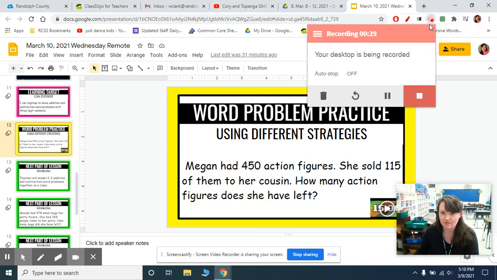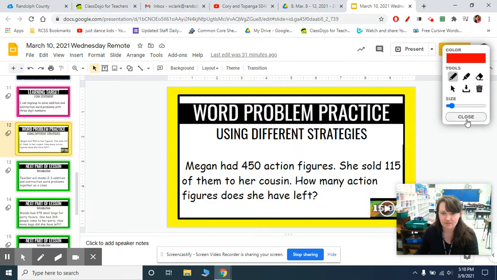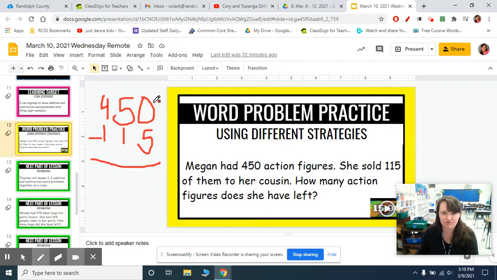Okay, so if I have 450 action figures and then she sells 115, how many is she going to have left? Well, first of all, let's start with the ones place.